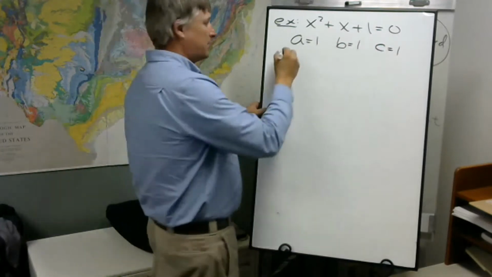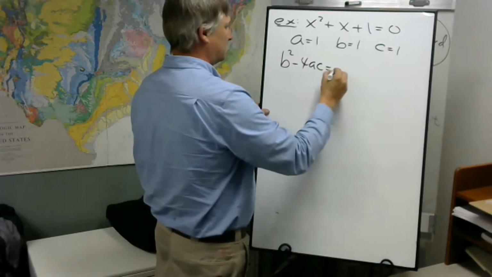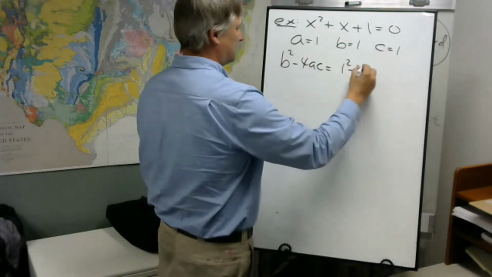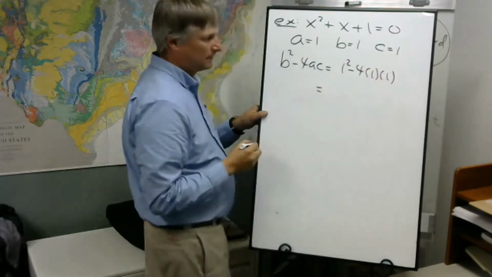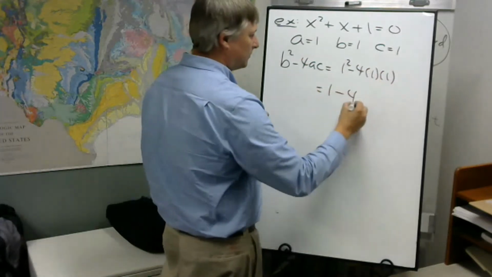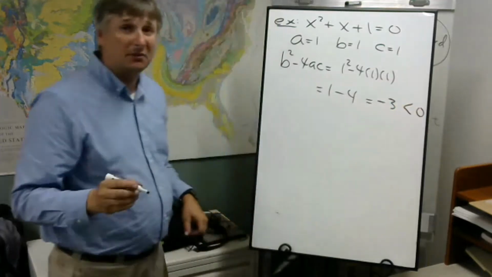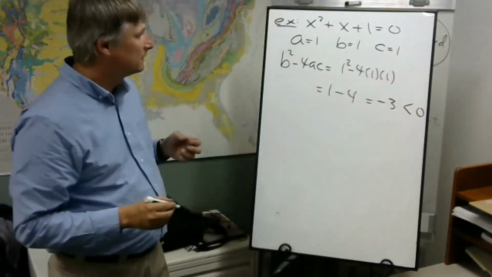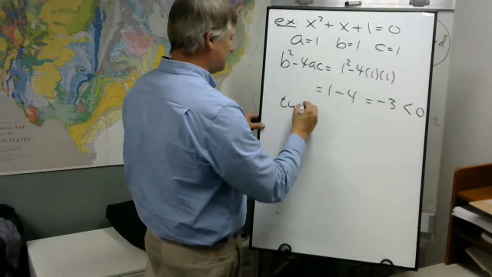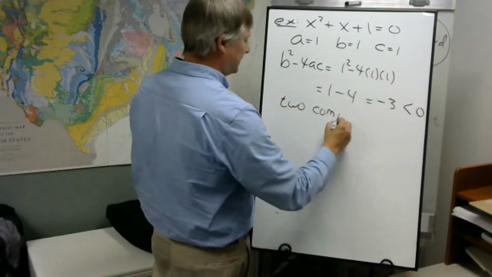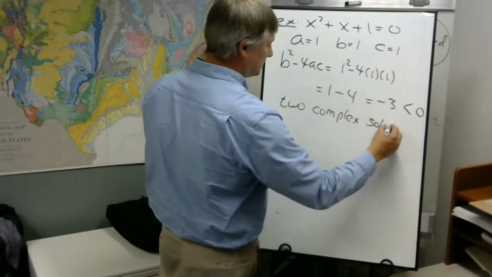So computing our discriminant, we'll get 1 minus 4, which is negative 3, which is less than 0. So what that means, we have two complex solutions.